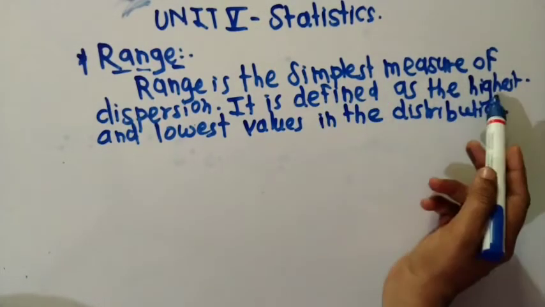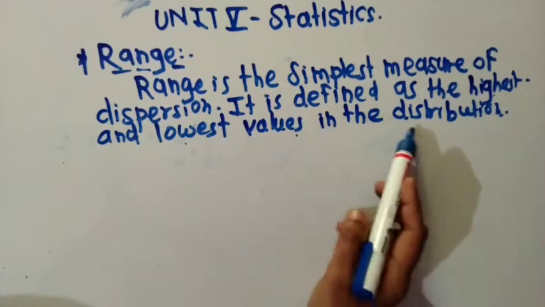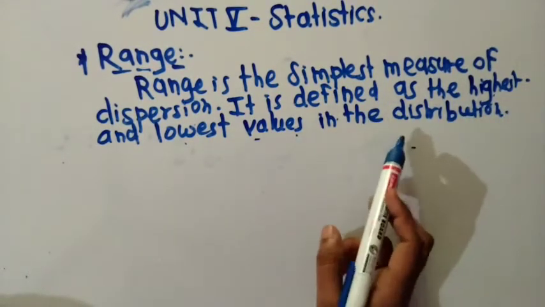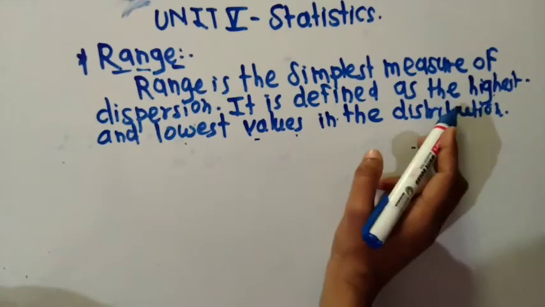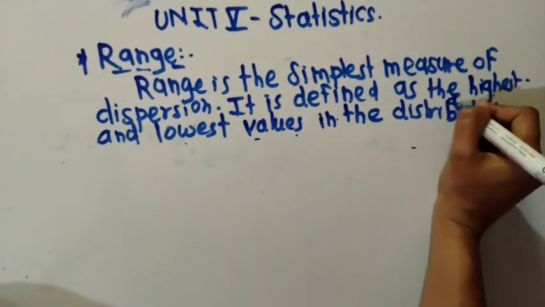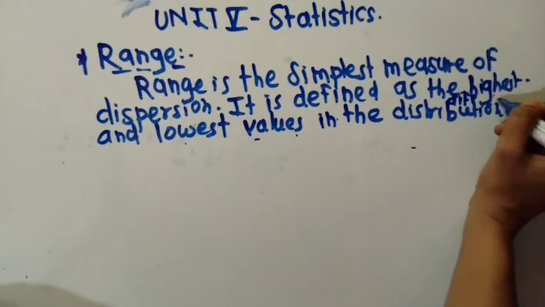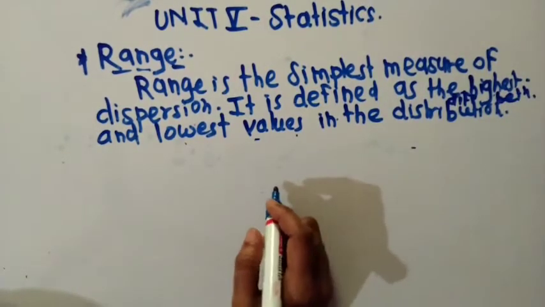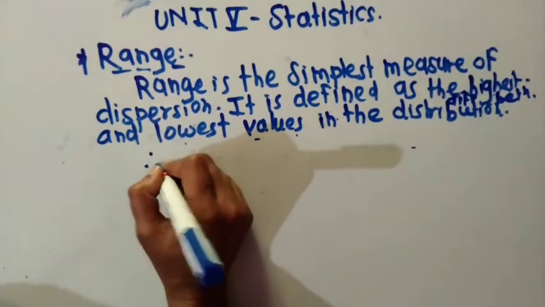So it is the difference between the highest and lowest value. The difference between highest and lowest value is the range.